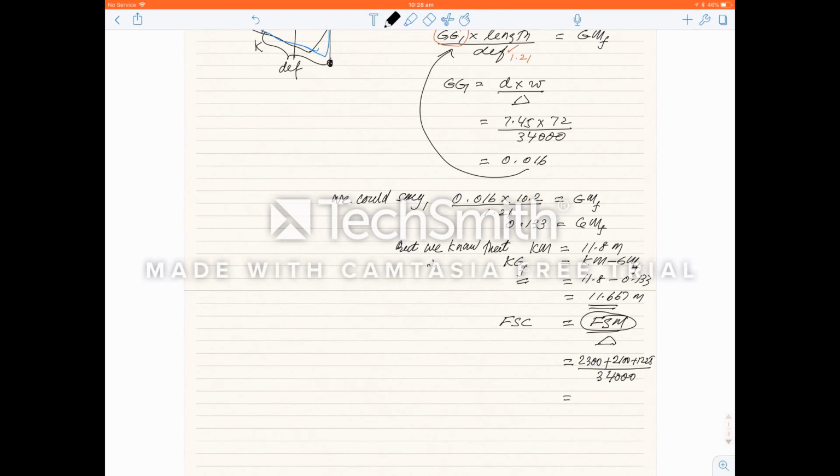So we get a free surface correction of 0.165.